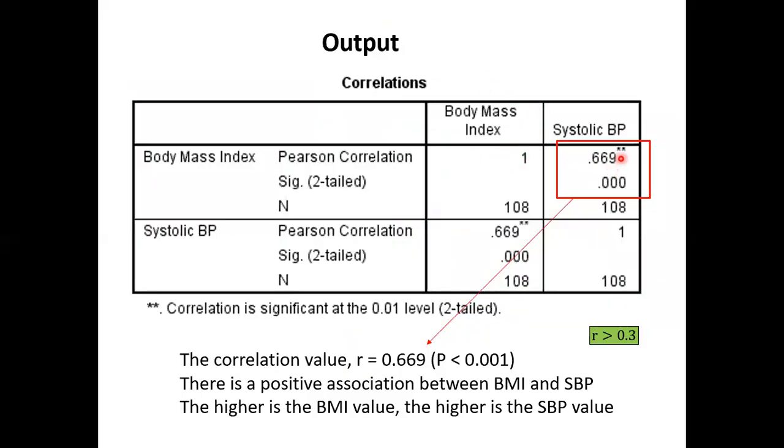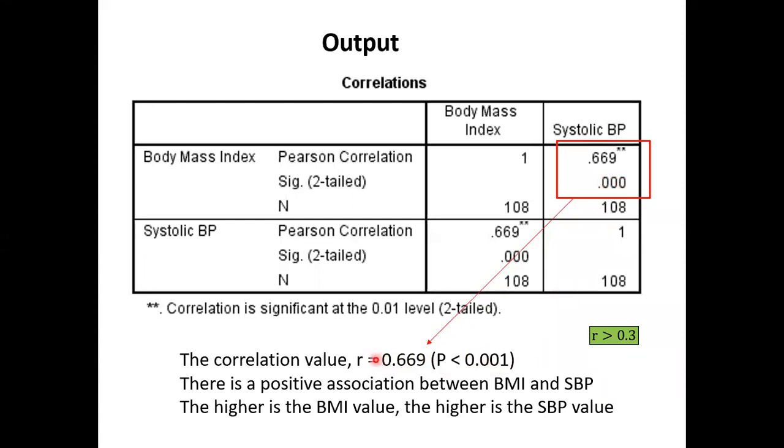It'll give that value. This is BMI versus BP. This value, 0.669. Is it strong or weak? It's quite strong. I mean, about average. We look at this p-value. Is it less than 0.05? Yes. This is the p-value, right? So the p-value is less than 0.05.